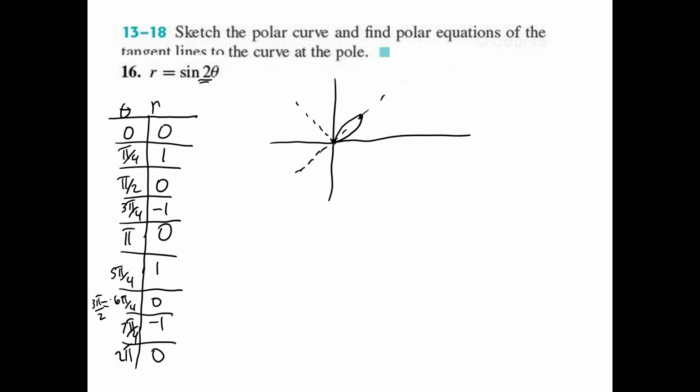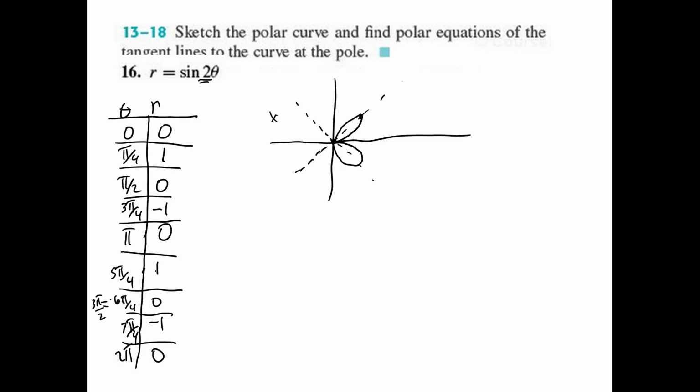So instead of being here, they're actually here, and instead of being up here, they will actually be down here. And then from 3 pi over 4 to pi, they're still all negative, so instead of being over here in this quadrant, they're over here.